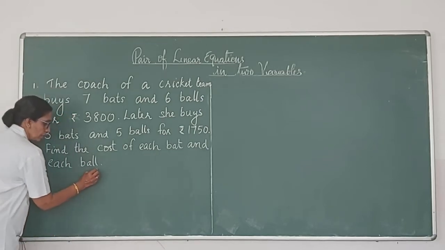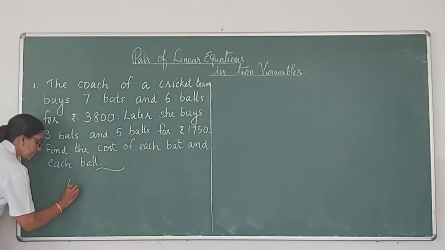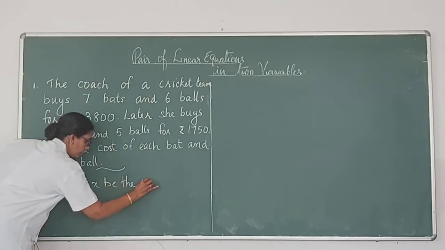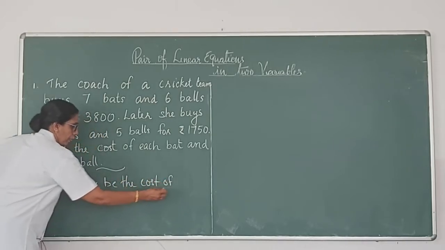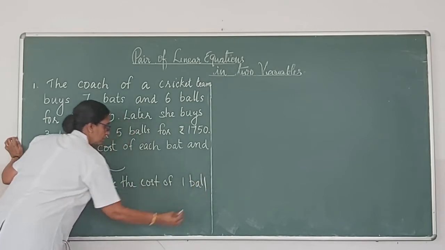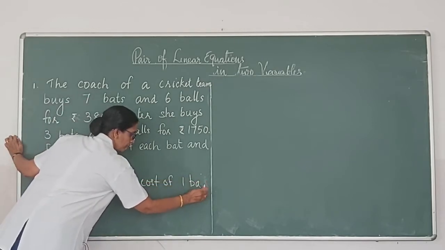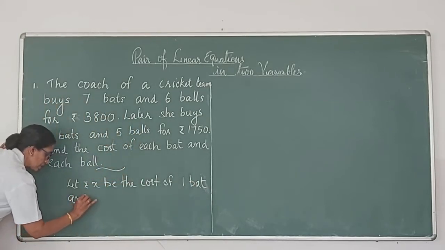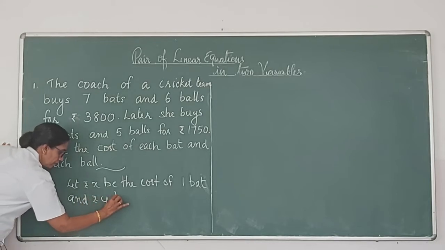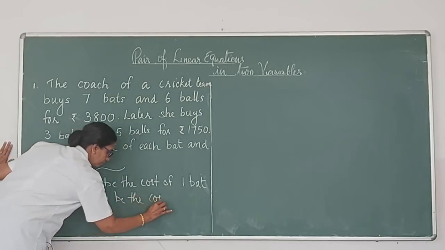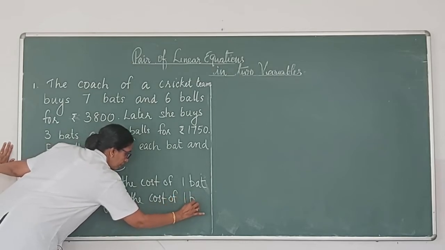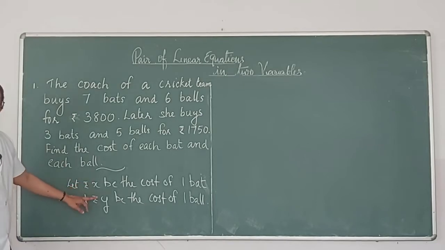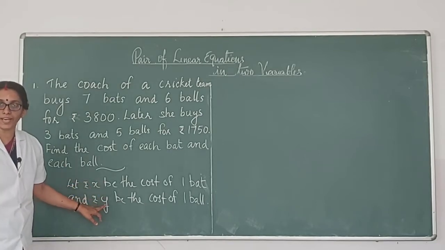So let rupees x be the cost of one bat, you can assume anything, and rupees y be the cost of one ball. Now we have to find the value of x and the value of y.